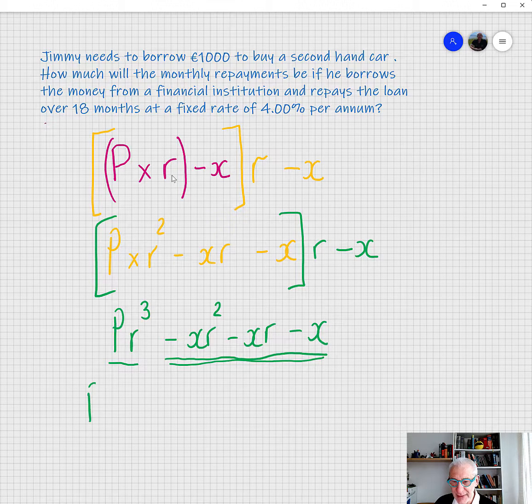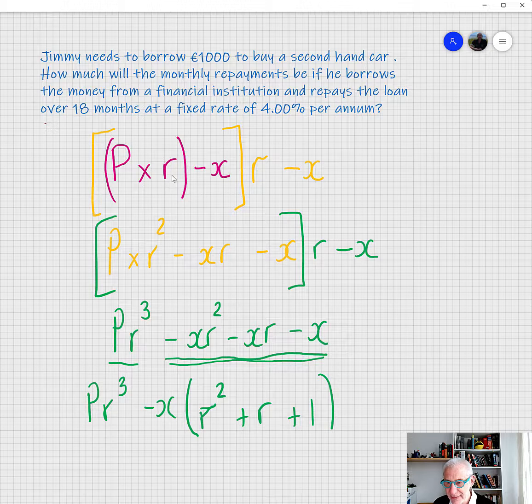So we've got PR cubed minus X into R squared plus R, and then plus 1 at the end. Minus X into minus XR squared is R squared, minus X into minus XR is R, and minus X into minus X is 1.